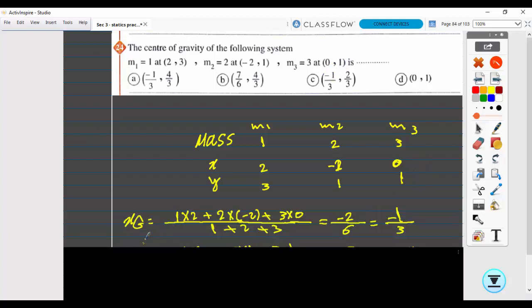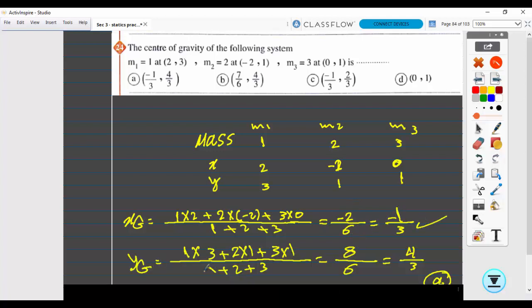And we complete: xg equals 1 multiply 2 plus 2 multiply negative 2 plus 3 multiply 0, over the sum of all masses, 1 plus 2 plus 3, which equals negative 2 over 6, which equals negative 1 over 3. yg, the y coordinate of the center of gravity, equals 1 multiply 3 plus 2 multiply 1 plus 3 multiply 1, over the sum of all masses 1 plus 2 plus 3.